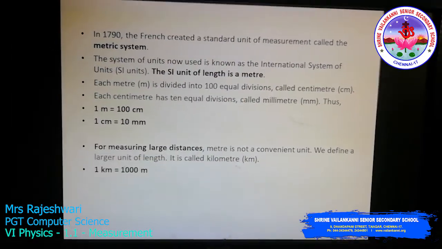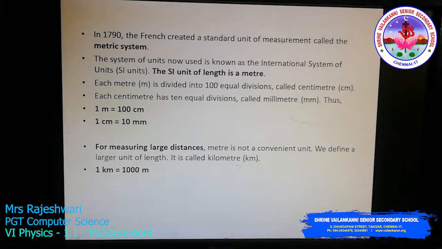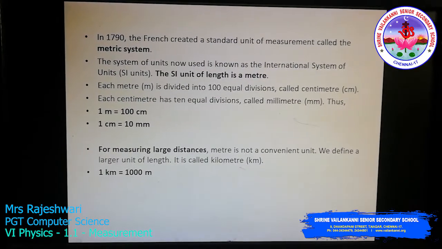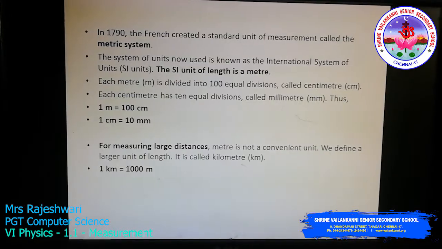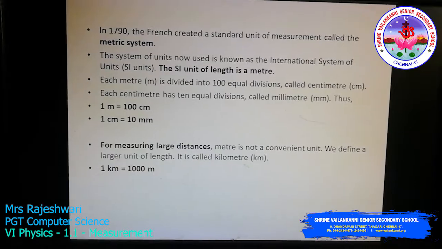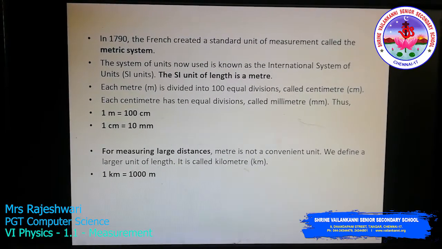So this will come under standard units of measurement as well. Each centimeter has 10 equal divisions, which are called millimeters. Thus 1 meter is equal to 100 centimeters and 1 centimeter is equal to 10 millimeters. Using these small measurements, we cannot measure large distances.